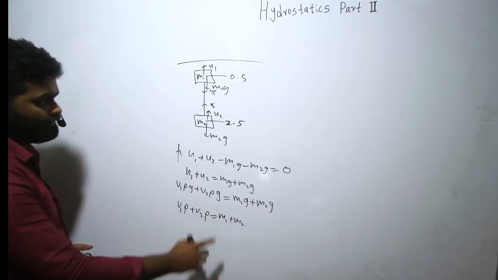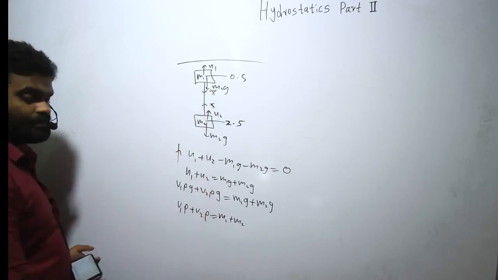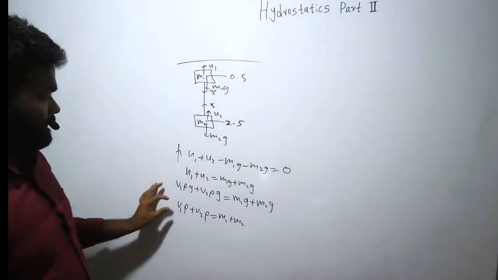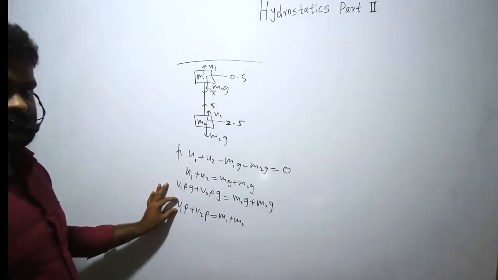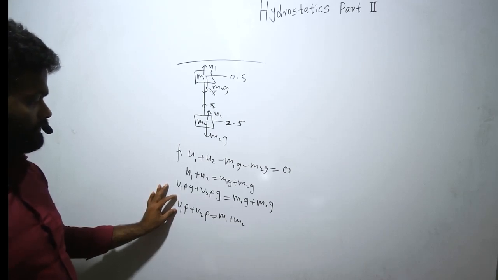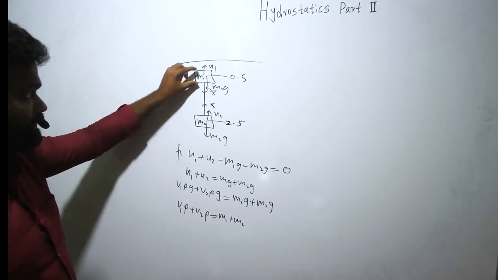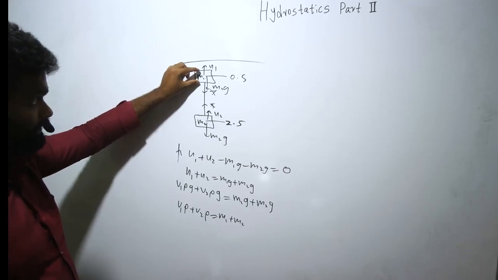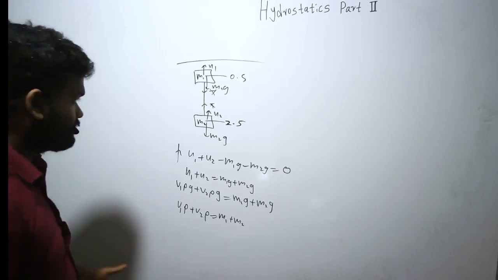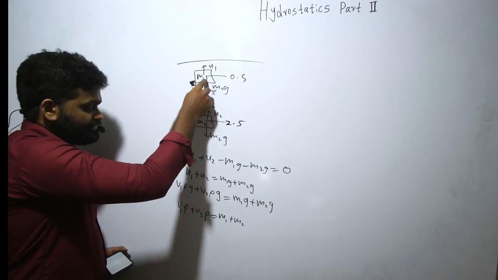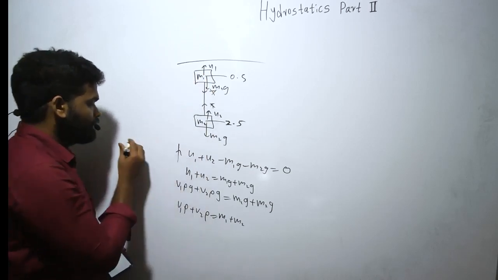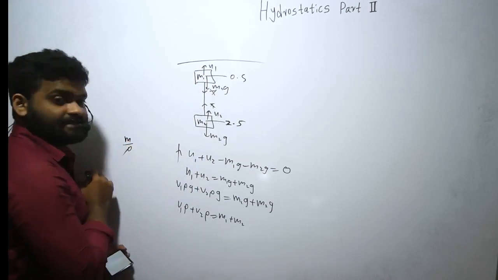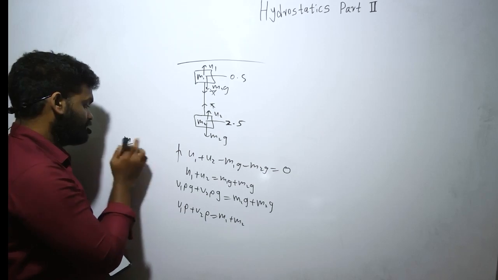Remember that we have to find the ratio between masses. So this V1, how do you write V1? Volume of this object. You need to write that in terms of the mass. So this volume is equal to what? Mass divided by density of the object.